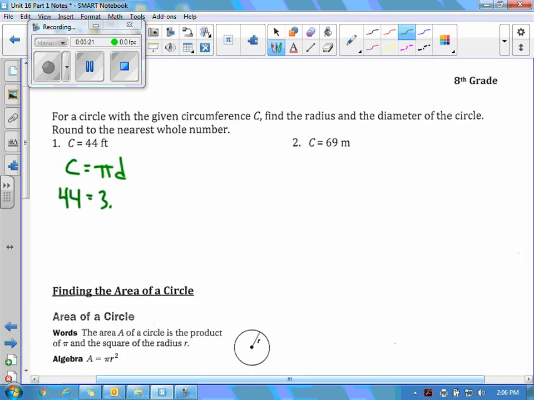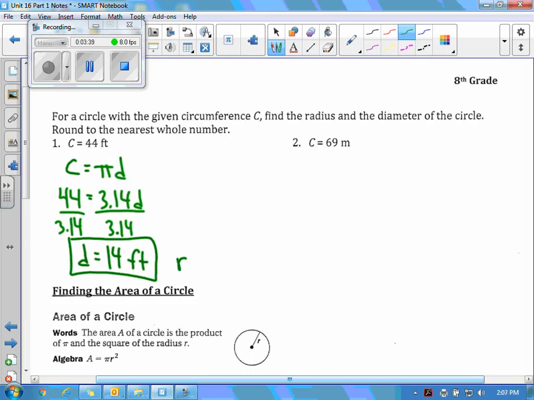I know that pi is 3.14, and we're looking for the diameter. So to get d by itself, I'm going to divide by 3.14. When I divide that and round it to the nearest whole number, I get d equals 14 feet. So that's my diameter. To find the radius, I would just divide the diameter by 2, so I'd get 7 feet for my radius.